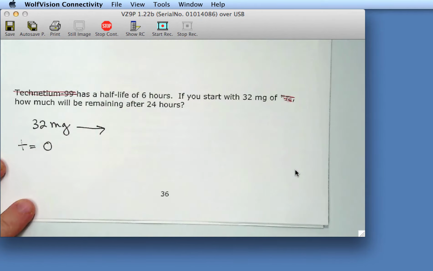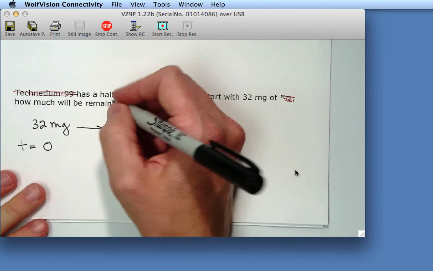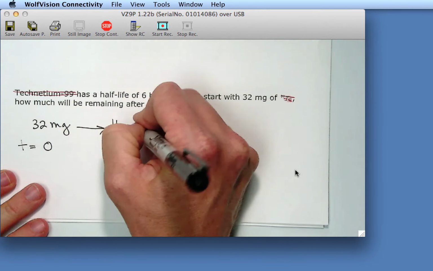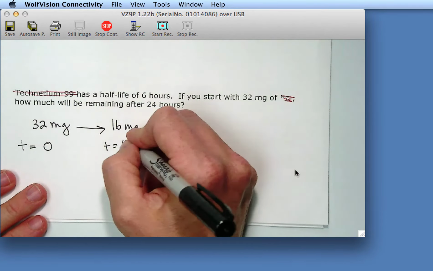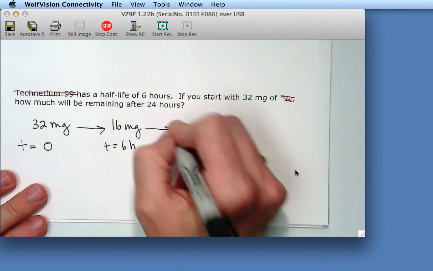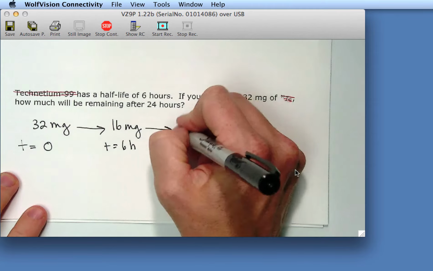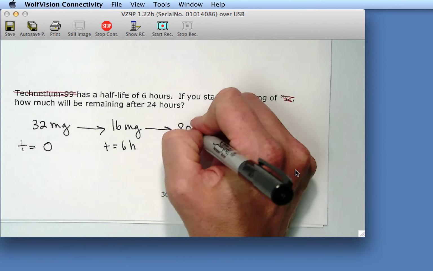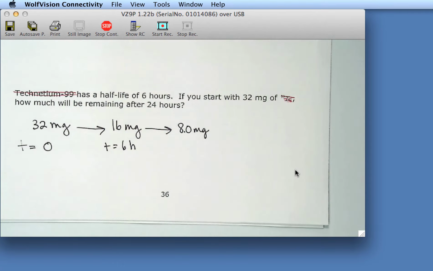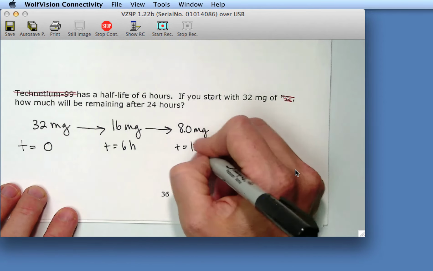So you divide 32 by 2, and that gives you what? 16. What's the time? 6 hours. We've got to go through another half-life. So what's 16 divided by 2? 8. 8.0. Yes, very good. Not going to make that a mistake. And the time is going to be 12 hours.